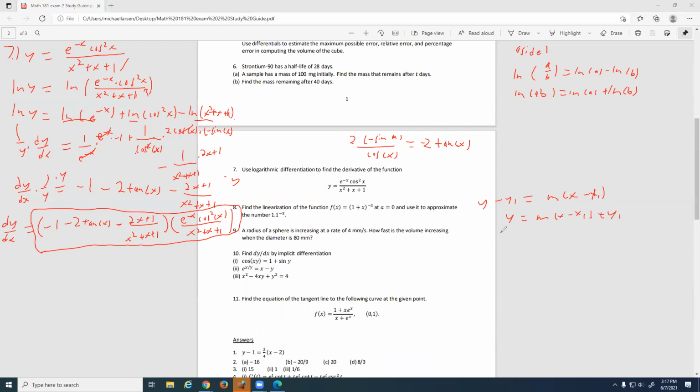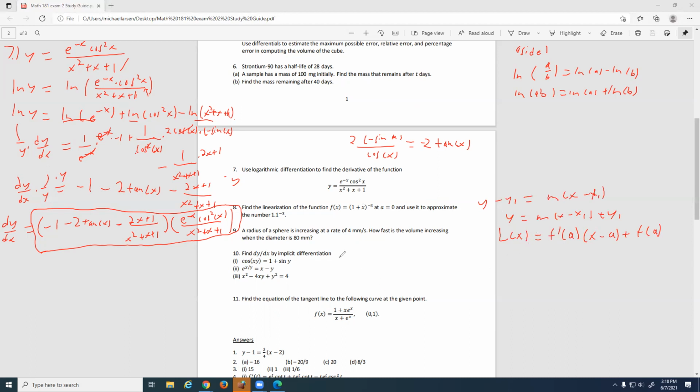Instead of y, this is L of x. For m, it's f prime at a. Our x1 is going to be a, and our y1 is just f at a, the function evaluated at a. So that's how I like to remember this formula.